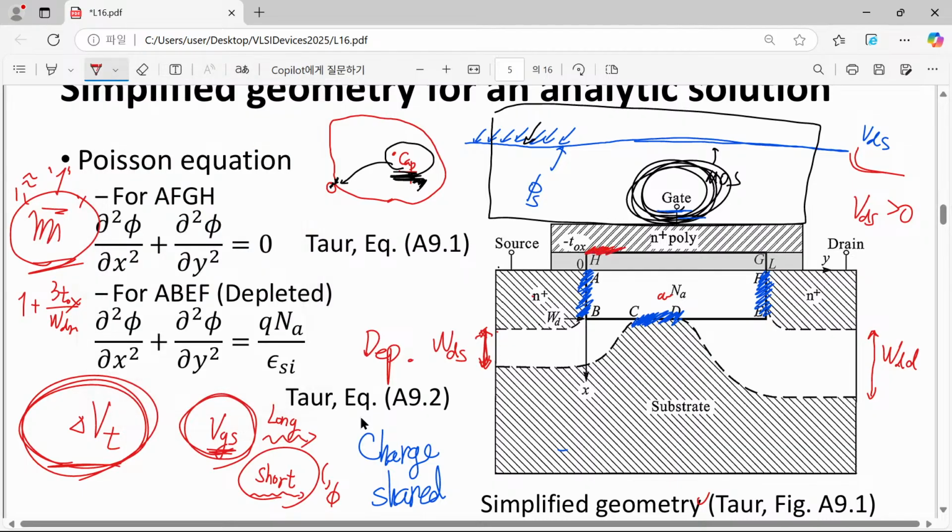How about this topmost one? This topmost one corresponds to our gate terminal. So its potential is simply given as VGS minus the flat band voltage. If we apply a gate voltage equal to the flat band voltage, then there will be no band bending. That was the situation we had in the flat band case.